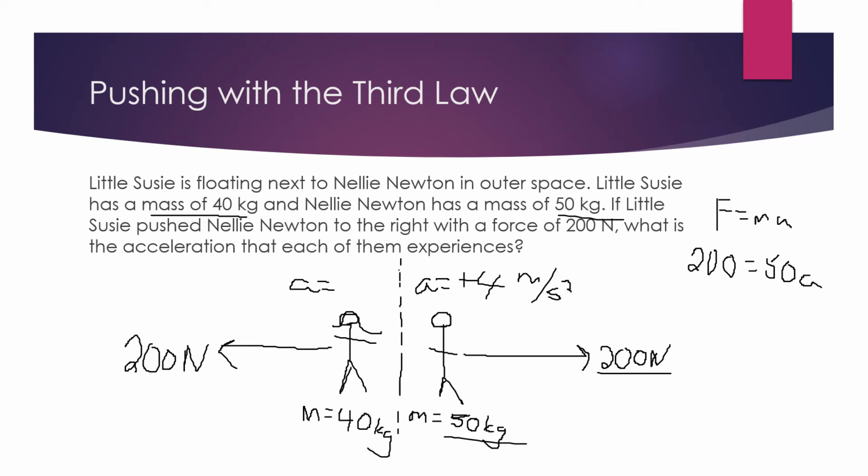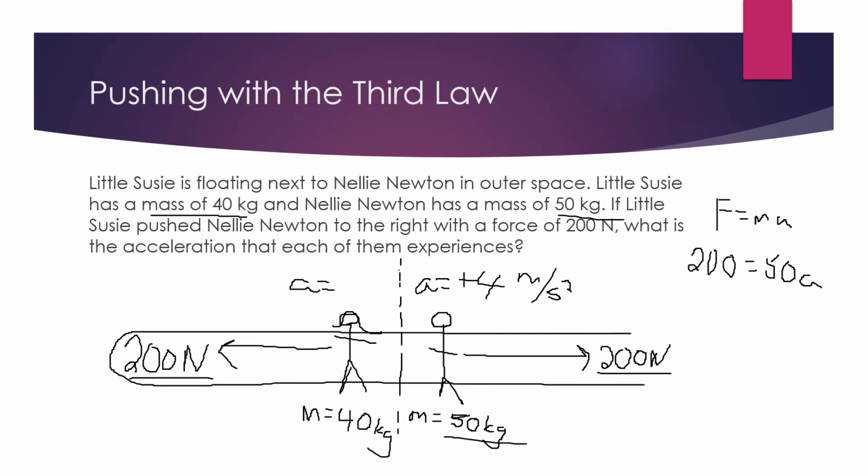Equal and opposite. Their forces are the same. She cannot push him 200 newtons without getting pushed back 200 newtons. So now I'm just going to use F=ma again for her, plug in the 40 and the 200, and she's going to have an acceleration of 5 left. So that's going to be a negative 5 meters per second squared.